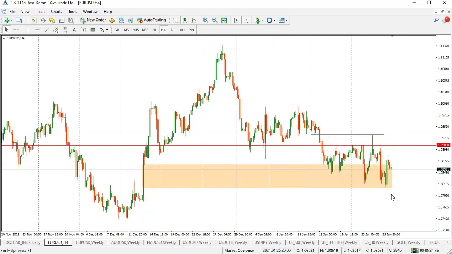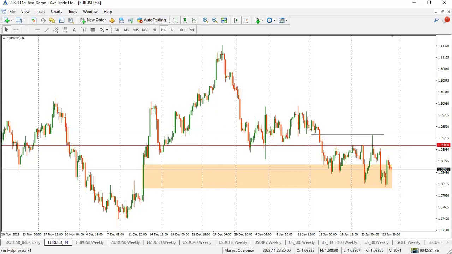Now, if dollar goes down to that level I outlined, it will give this strength to break higher to attack these levels. That's what I'm looking at. So I want to see upward movement on Euro USD, if dollar goes down.